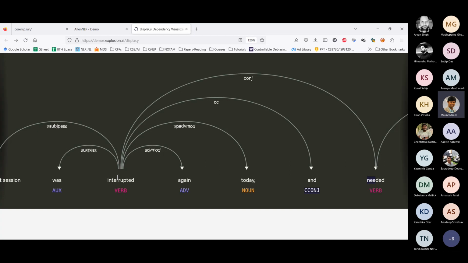All other words describe what is happening with the verb: what is the action reported by the verb, who is doing it, how it is being done, and things like that. When we talk about semantic role labeling, this will become a little clearer. That's what those dependencies the methods will try to capture.